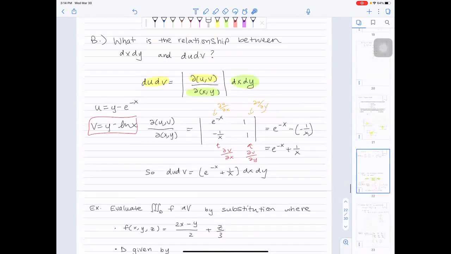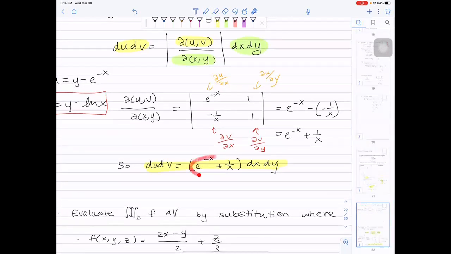Because we found here that du dv equals that, but we want dx dy equals something du dv. So I divide both sides by this term.